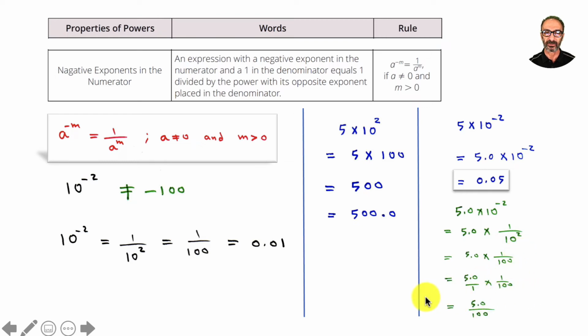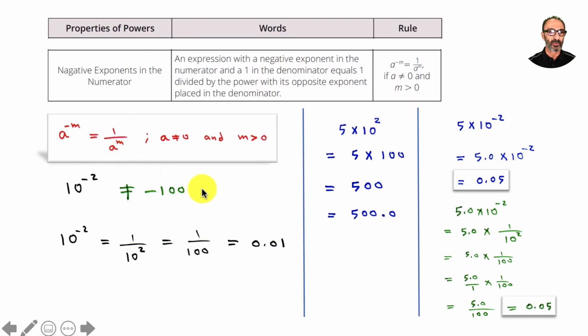Multiplying fractions, you end up with 5 over 100, which is 5 hundredths, 0.05. So, just keep in mind, 10 to the power 2 is a big number, 10 to the power negative 2 is a small number, which is 0.01.